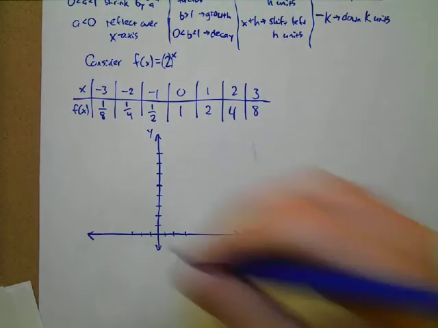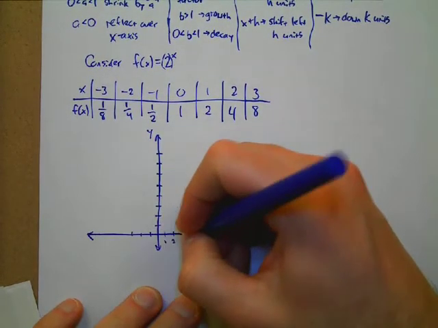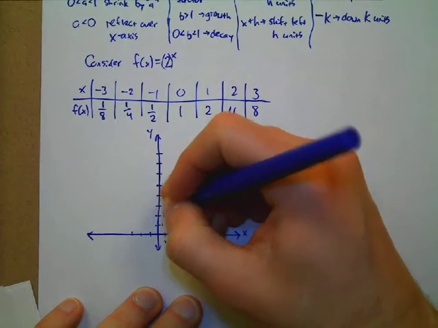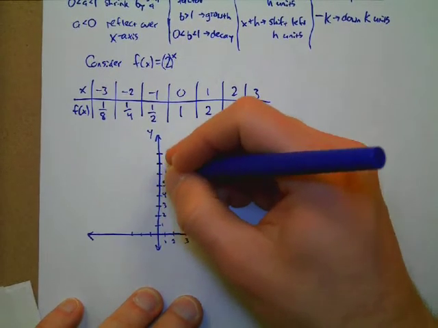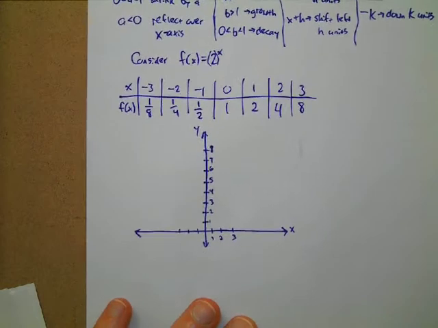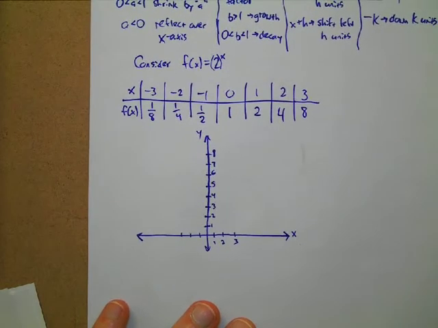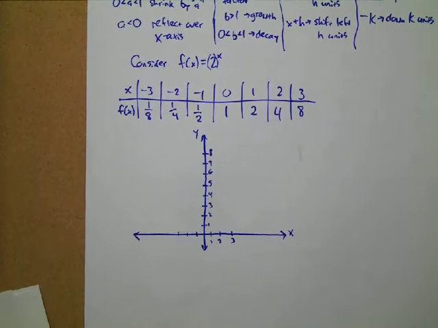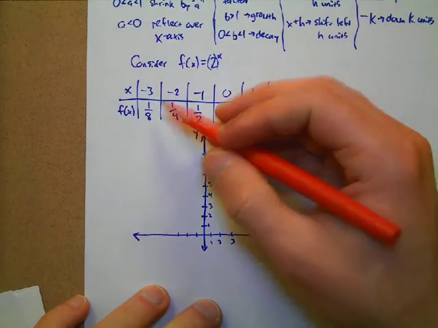Okay, so these are all going to be counting by ones. And I'll plot these with red. All right, so let's plot the points here. I'll hold off on the fractions for right now.